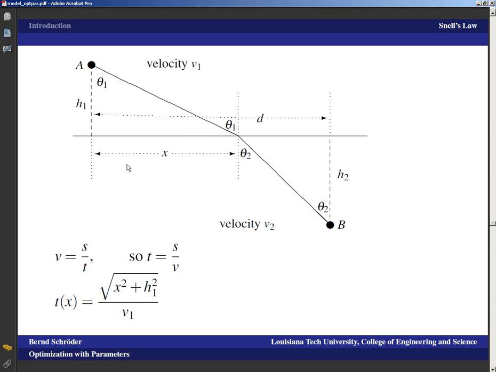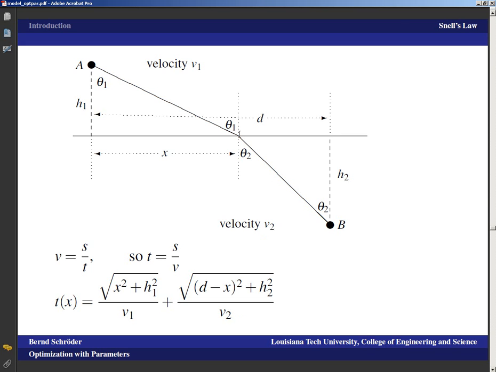And the distance traveled in the first medium by Pythagoras' law is the hypotenuse of this triangle here. So by Pythagoras' law, that's the square root of x squared plus h1 squared, plus the travel time in the second medium, which is the distance traveled in the second medium divided by the velocity in the second medium.